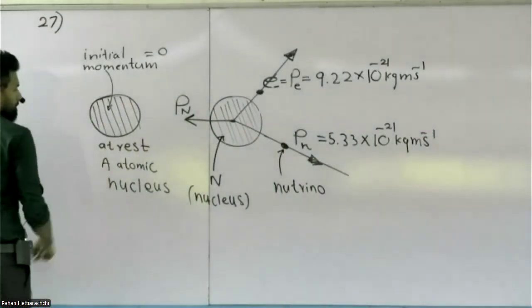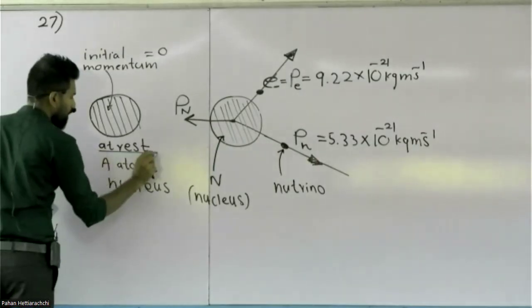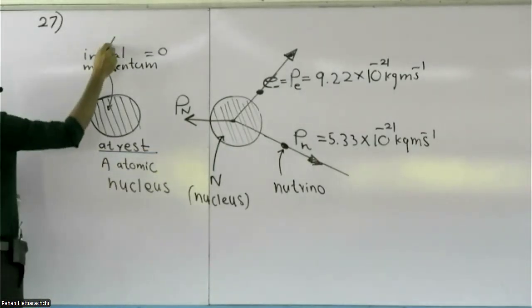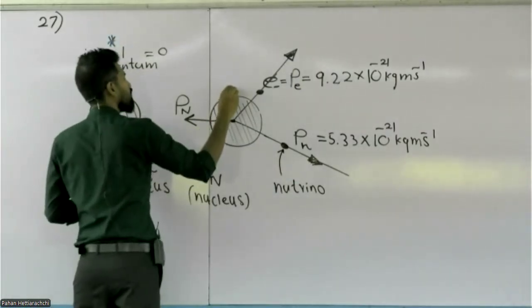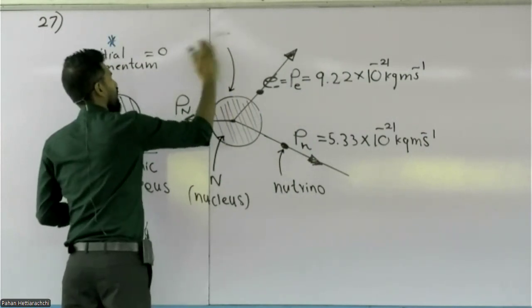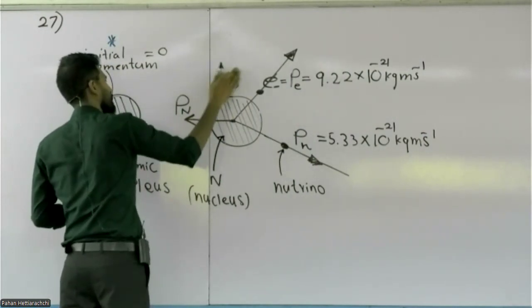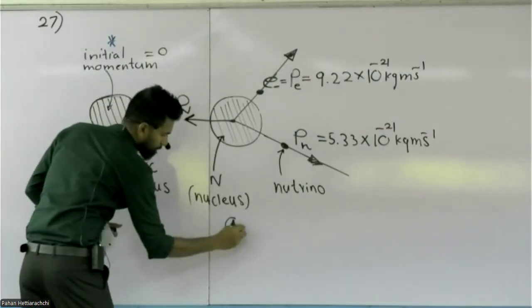Initially, the nucleus is at rest, so its initial momentum is 0. So, definitely, final momentum is also 0. Okay, I'm not going to write it here because I need to mark these vector components. Final momentum is also 0. You have to notice that.